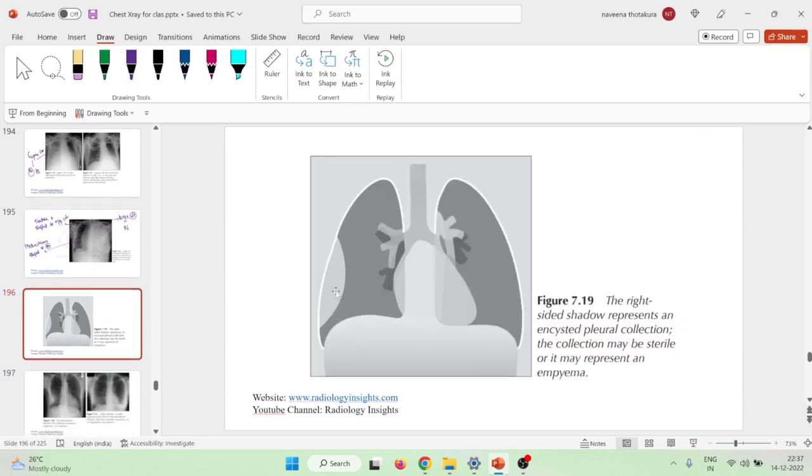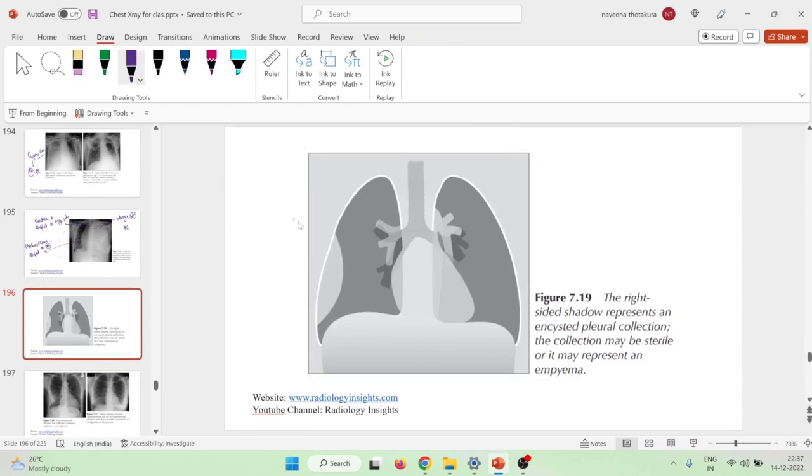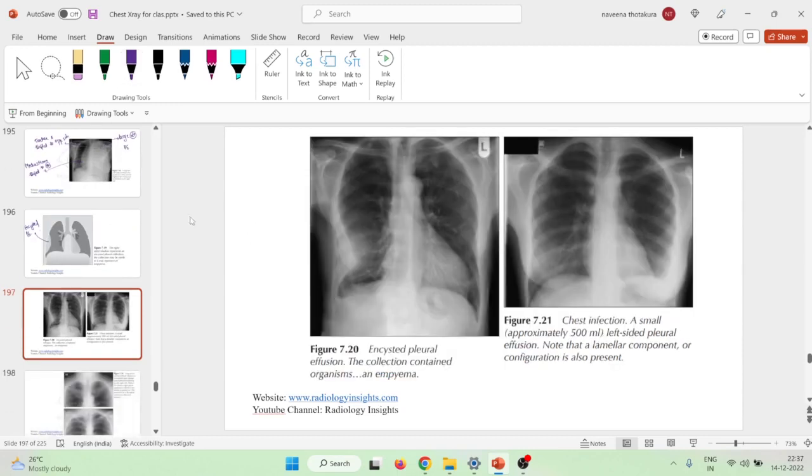And then on this right side, this is actually an encysted pleural effusion which is seen. Now you can see this encysted pleural effusion here.